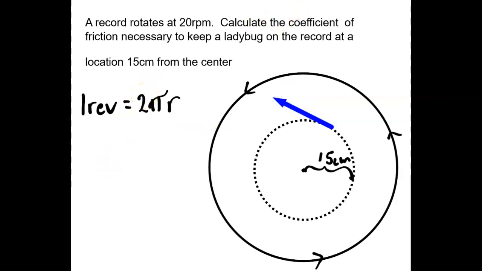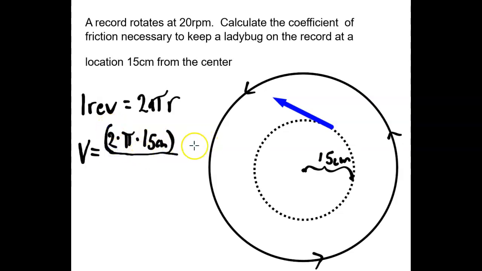So I want to calculate the distance that they're going to travel. If I say the speed is going to be the distance over the time, the distance traveled is going to be the distance around this circle, so that'll be 2 times pi times 15 centimeters.